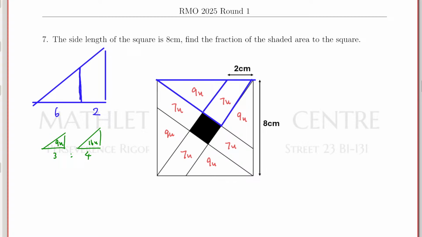And now, we actually don't know the shaded area, right? So how do I find that? The trick is to look at one particular triangle. For example, if I try to highlight on the diagram, let's say I'm taking a look at this particular triangle on the bottom left. We know exactly how big this triangle is supposed to be.